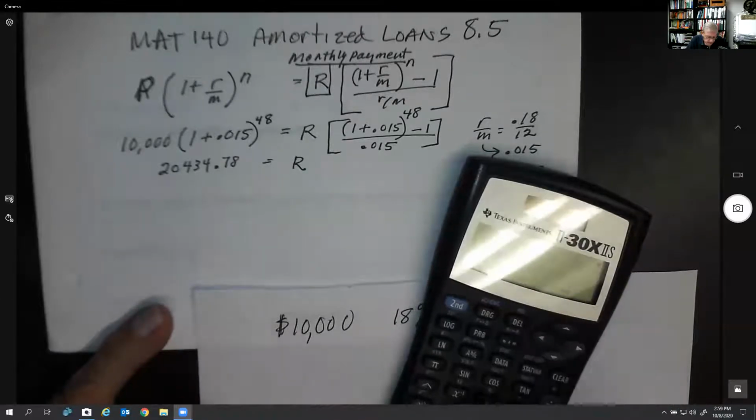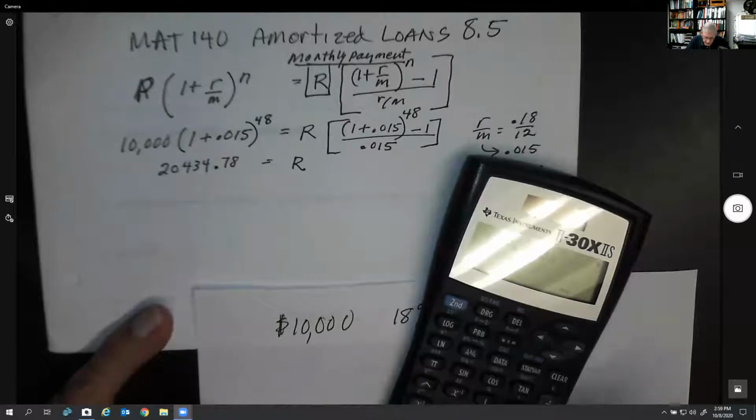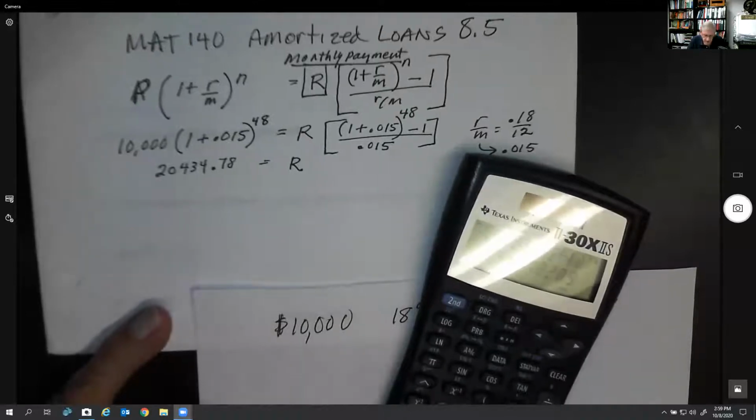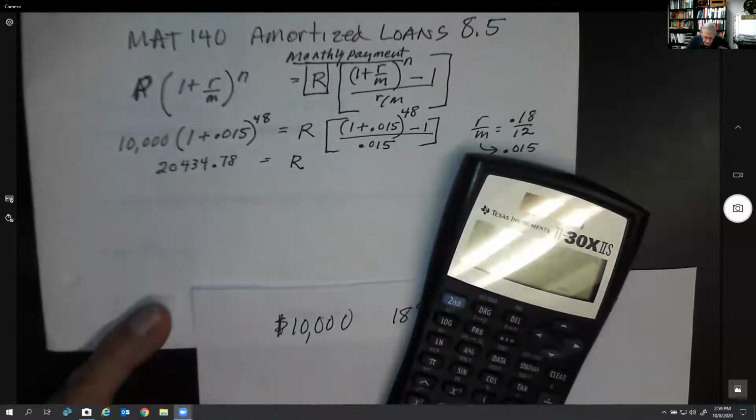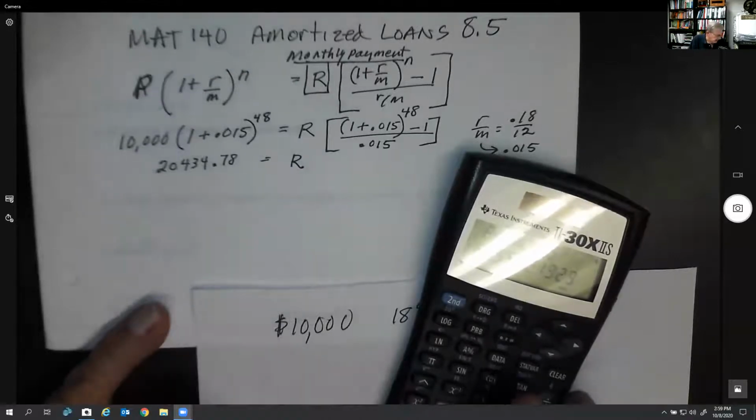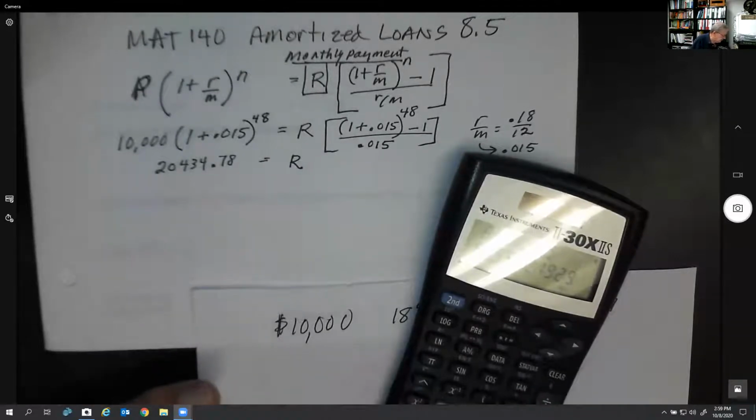Okay, parentheses. 1 plus 0.015 parentheses raised to the 48 minus 1 equals. Remember we did that? And then we divided that by 0.015 equals. Now, it depends how much accuracy we want.